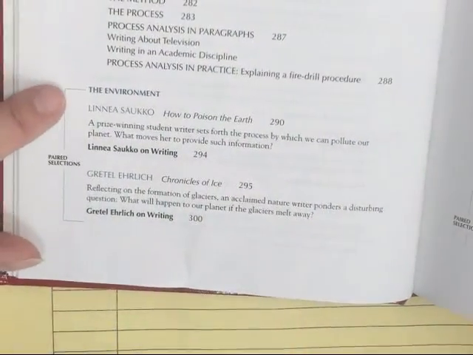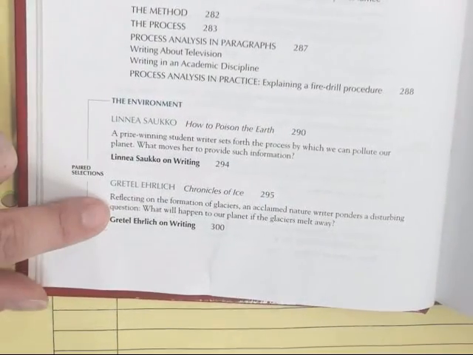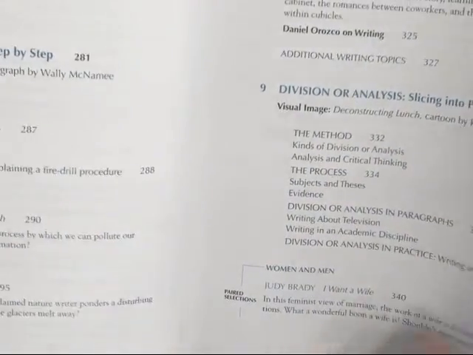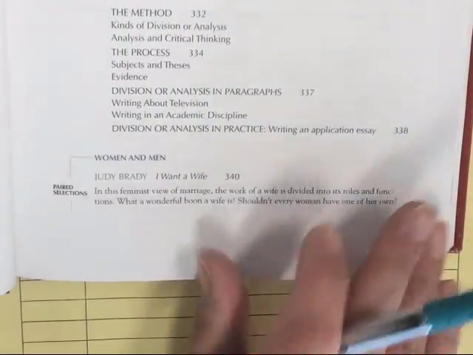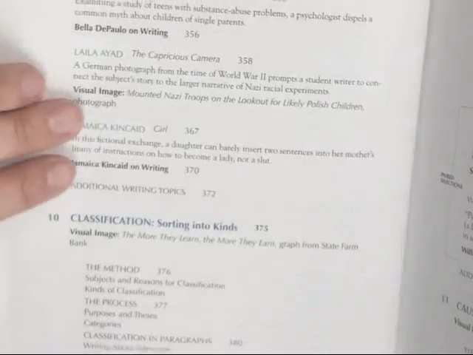If you're interested in studying the environment or environmental issues, How to Poison the Earth and Chronicles of Ice are really good. If you're interested in feminism, we read I Want a Wife and Not a Man on 5 Foxes. You couldn't do your readings on that, but it's something you might want to refer to later.